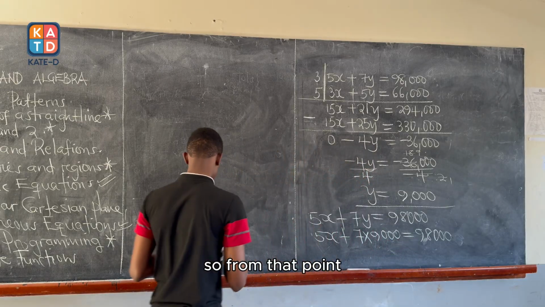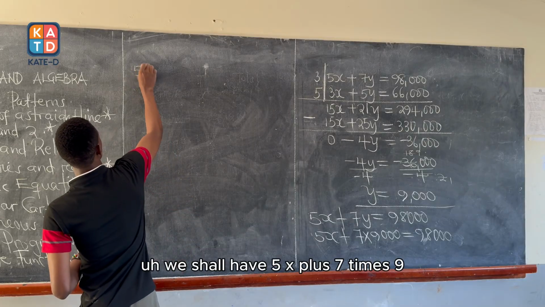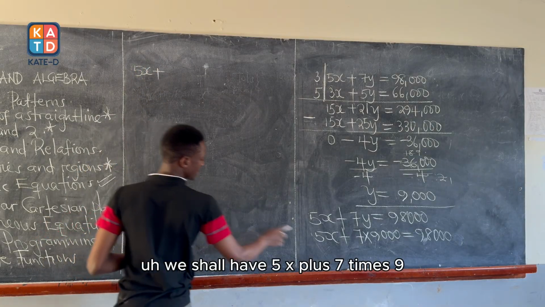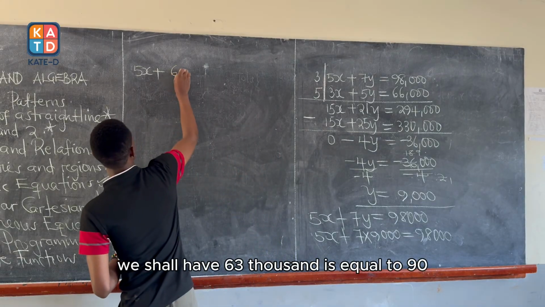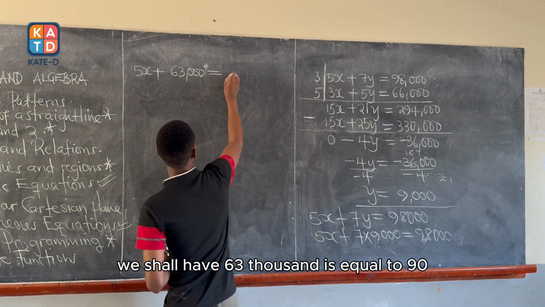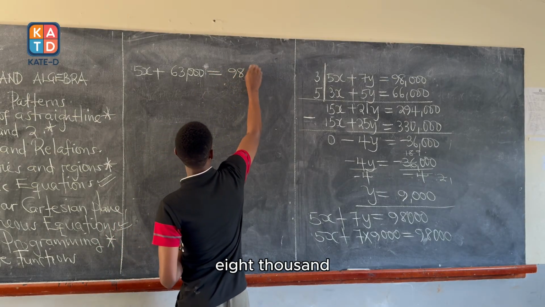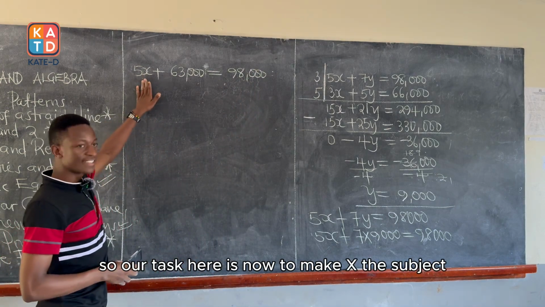So from that point, we shall have 5x plus 7 times 9, it is 63. So we shall have 63,000 is equal to 98,000. So our task here is now to make x the subject.